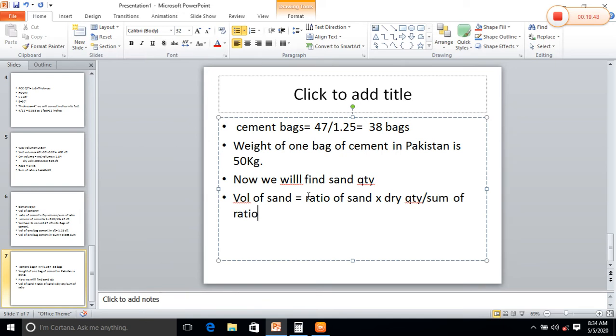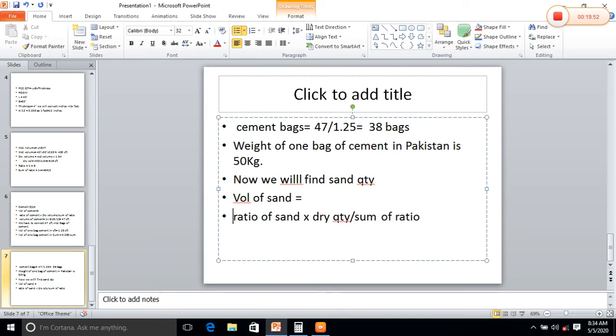For sand, cement and aggregate we have the same formula, but we will change only the ratio. So volume of sand is equal to, ratio of sand is 4. From the 1:4:8 ratio, we will take 4 as the ratio of sand. So 4 multiplied by 616, as this was the dry quantity, and divide by sum of ratio, 13.